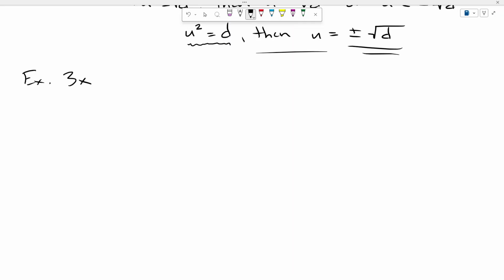So if we were given 3x squared plus 10 equals 517. Okay. Well, the first thing that we're going to do here is let's subtract the 10.